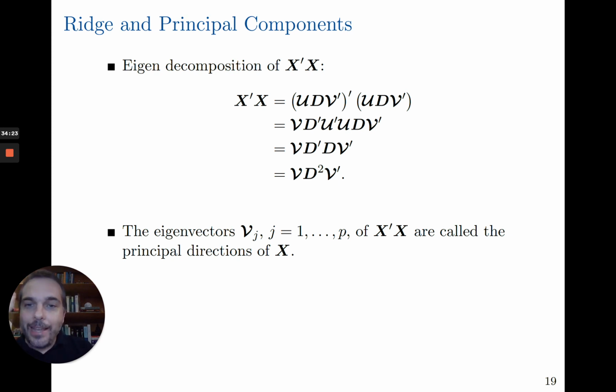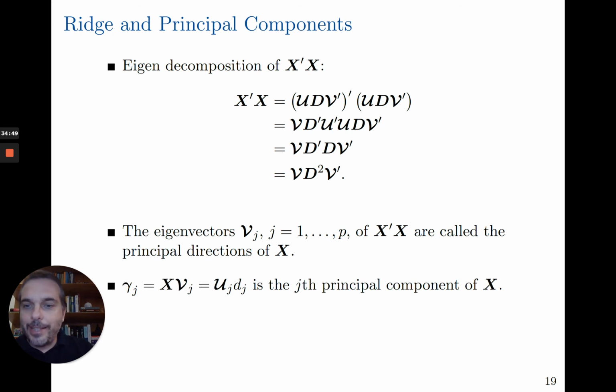And the eigenvectors Vj, the elements of this matrix V, are called the principal directions of X. I'm assuming that all the eigenvalues are ordered, such that the respective eigenvectors are associated with the ordered eigenvalues. So we say that gamma j, X Vj, which equals Uj Dj, is the jth principal component of X.